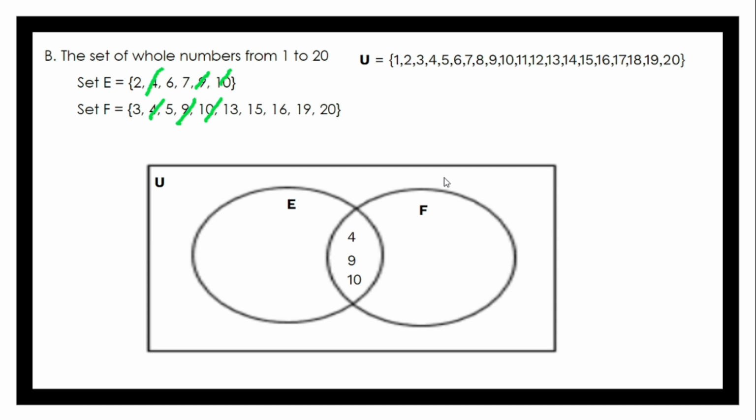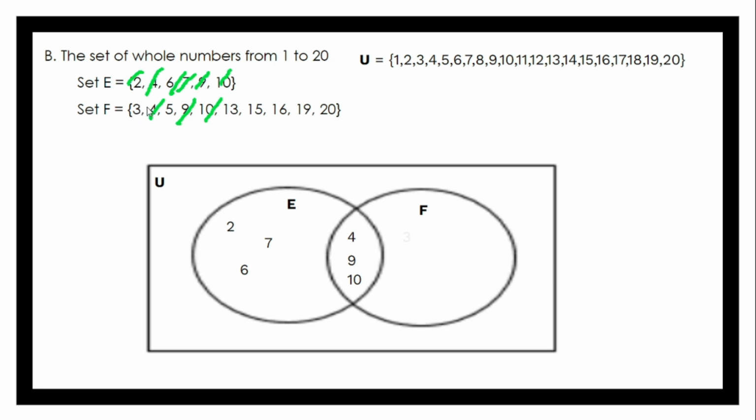Okay, so let's move. Nakuha na natin yung intersection. Let's move to E. Ito na si E. Ayan, ito si E natin. So, si E natin meron ng 4, 9, 10. Nabura na natin. So, we will just need to write here on this part 2, 6, and 7. Okay? How about for F? Si F, meron na tayong 4, 9, 10. The only thing we need to write is the 3.